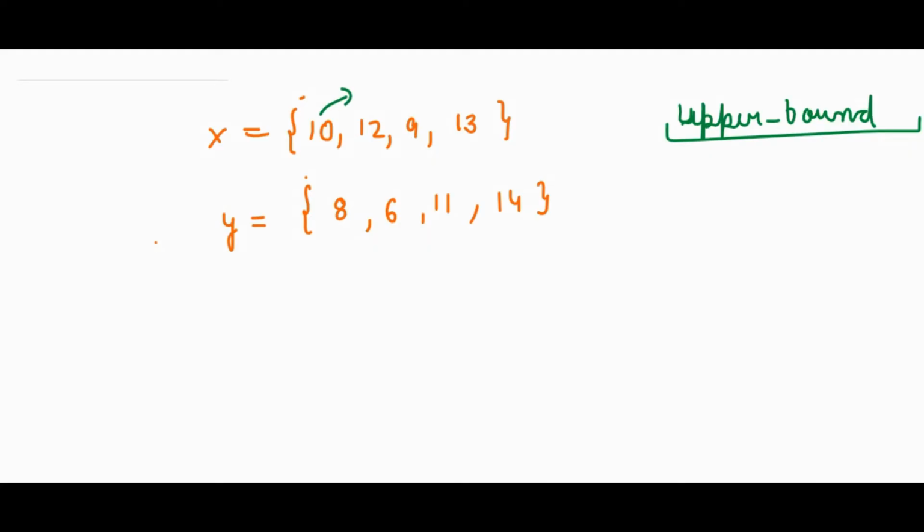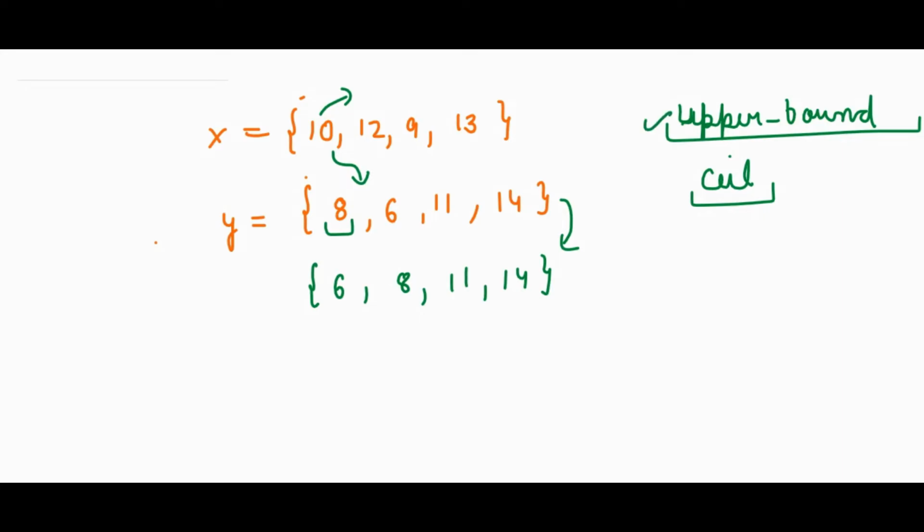The upper bound for 10 in this array will be 8, a value just less than 10 and nearest to it. First we will sort this array, and it will become 6, 8, 11 and 14. Now just take a little time and think about something relating to upper bound and binary search. Can we do something in this array?